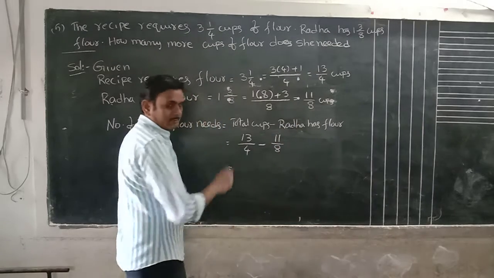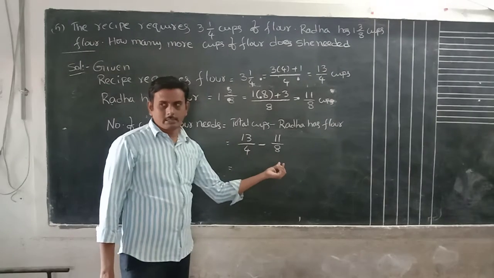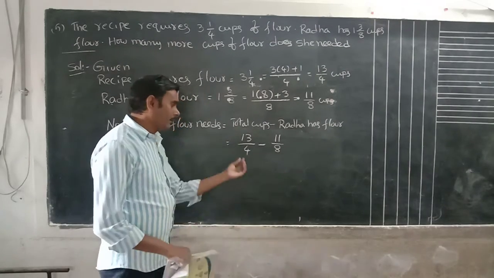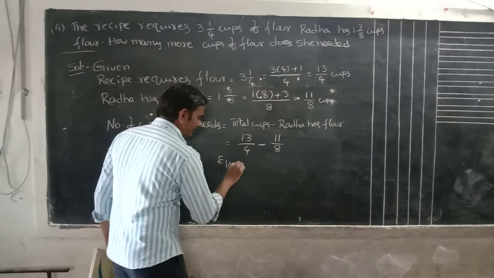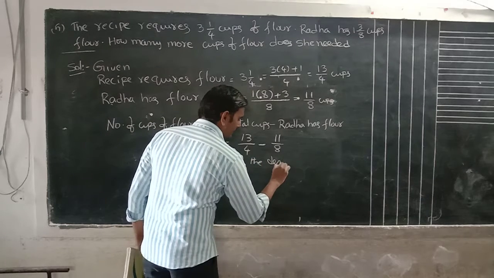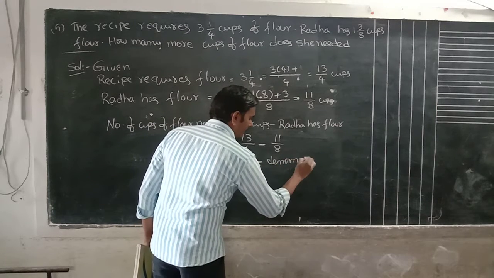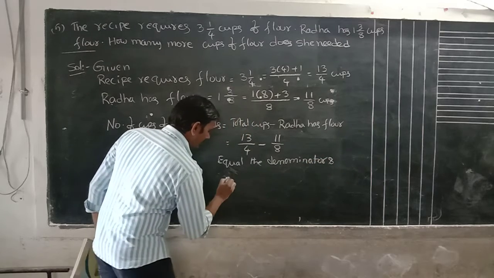Now equalize the denominators, because if you observe here, in the 4 table we will get 8. Equal the denominators.